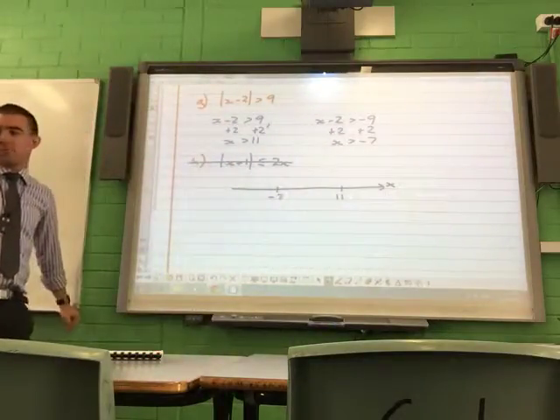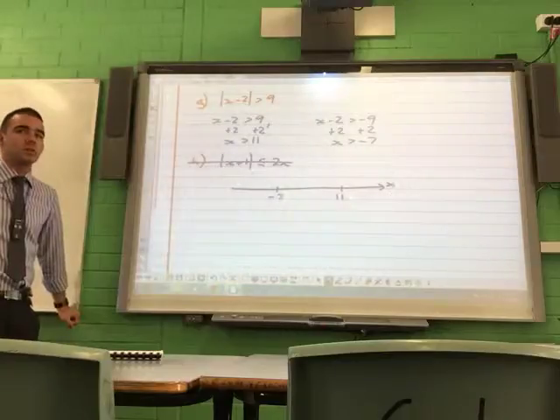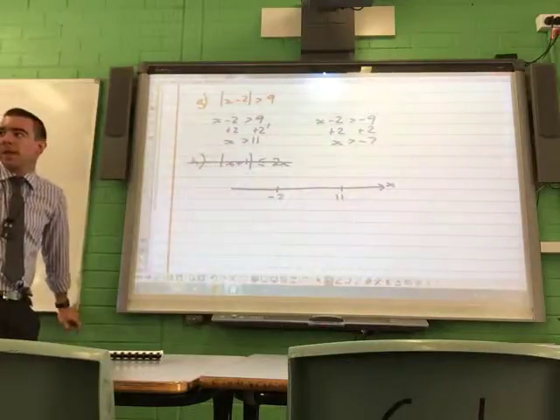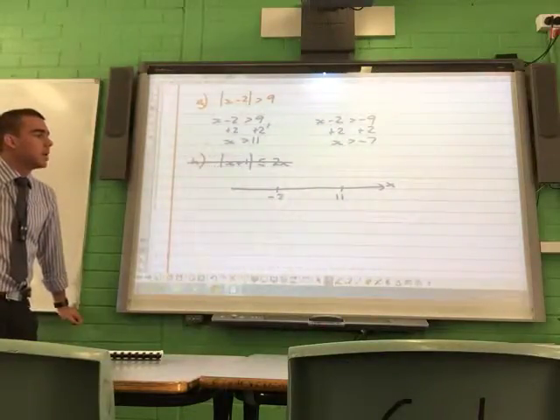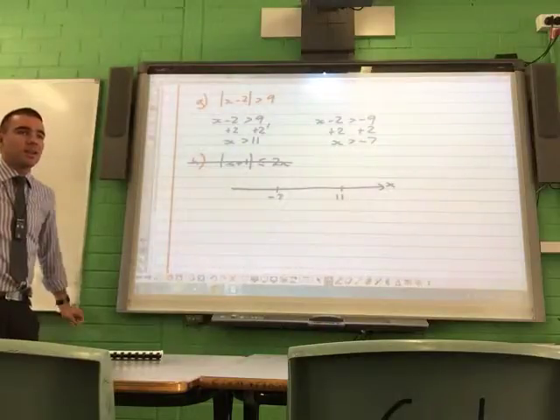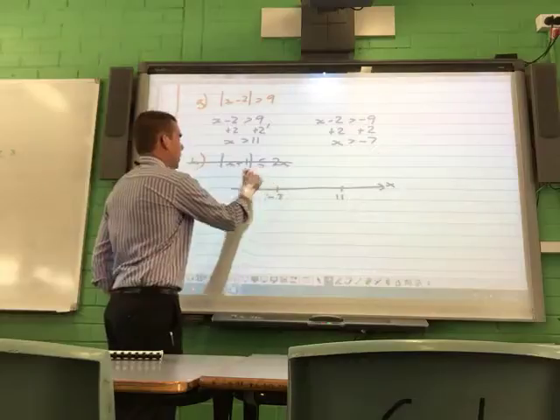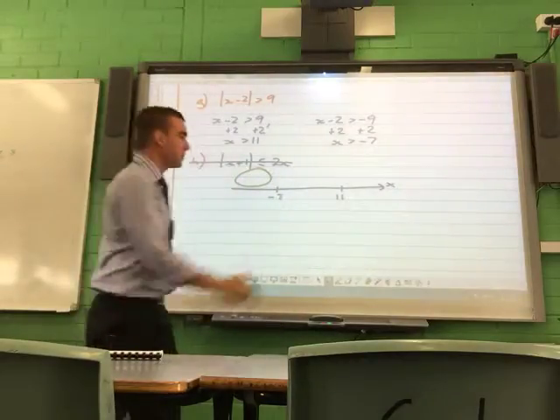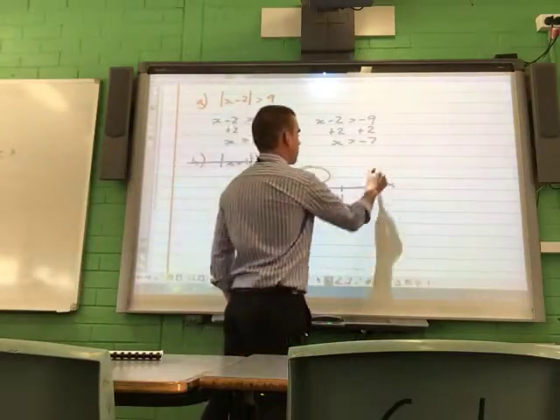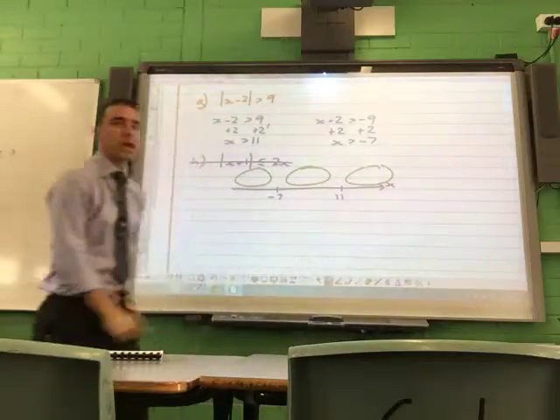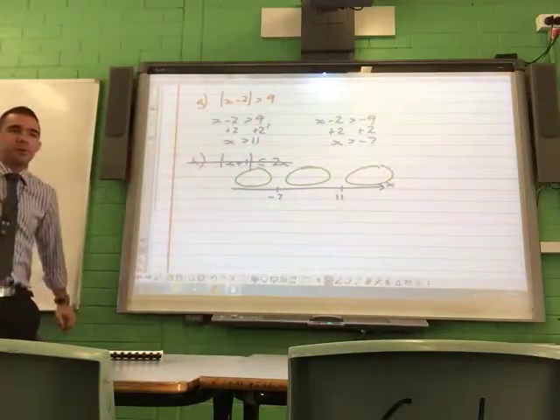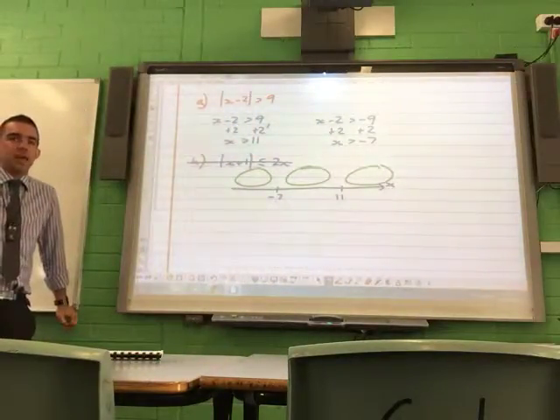Put them roughly where they would be in comparison to each other. When you have an inequality, you will need to check a point in each of the 3 regions. You will check a point in this region, this region, and that region. 3 different regions to test.